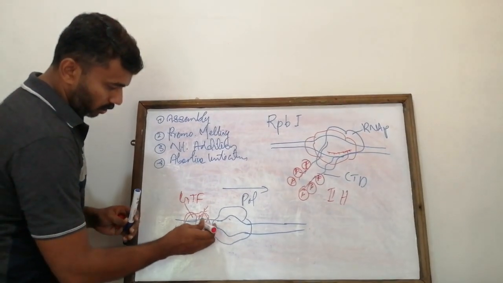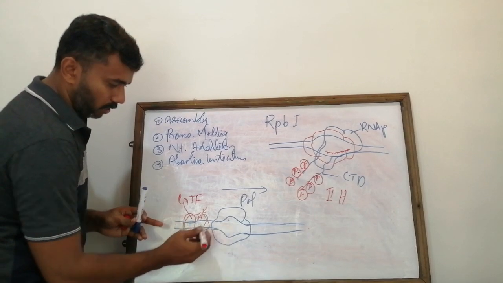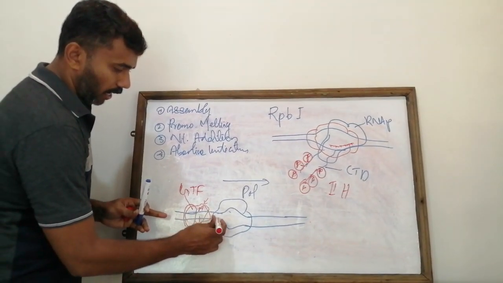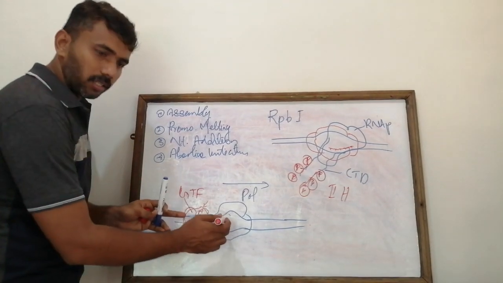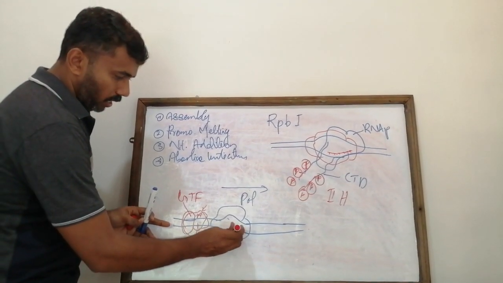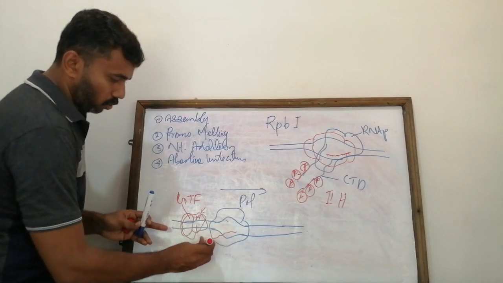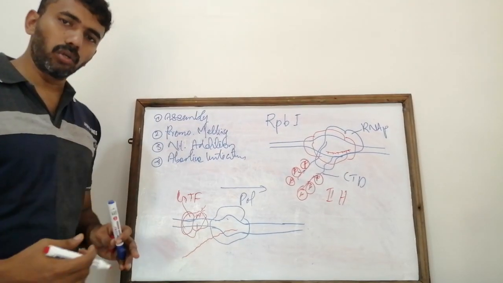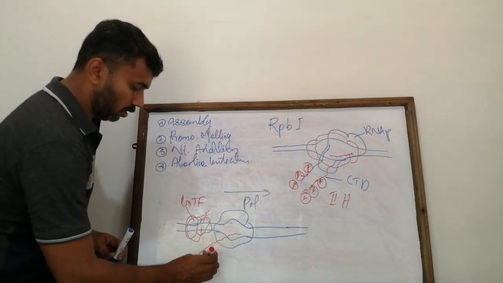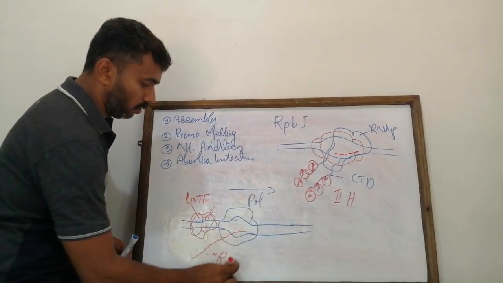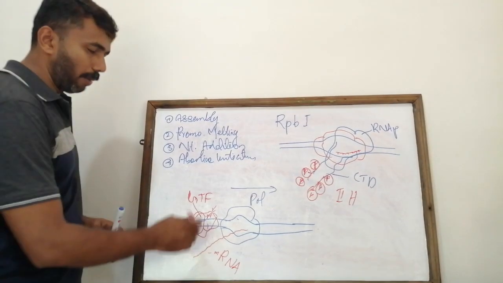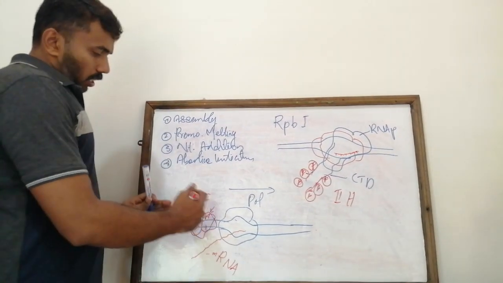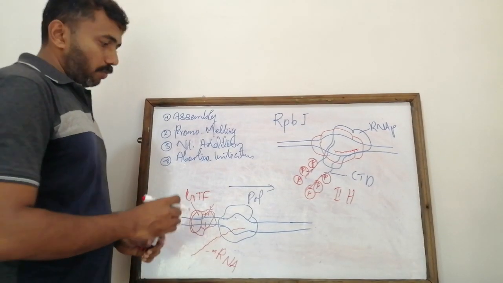From the +1 site, the RNA has been synthesized, and this newly synthesized RNA will be leaving this complex through an exit point, hanging out of this complex like this. This is the newly synthesized mRNA molecule, or the pre-mRNA molecule, right? So this is what we call the beginning of the elongation process.